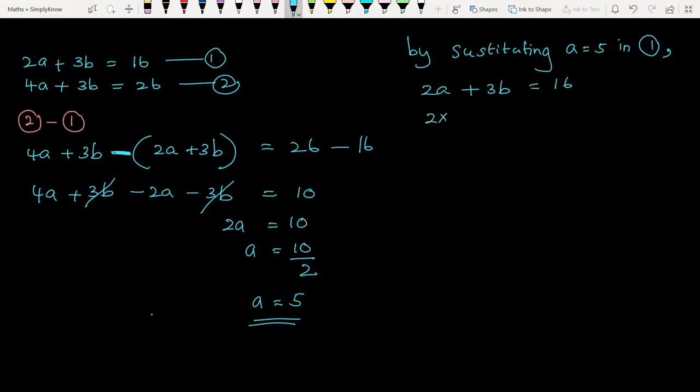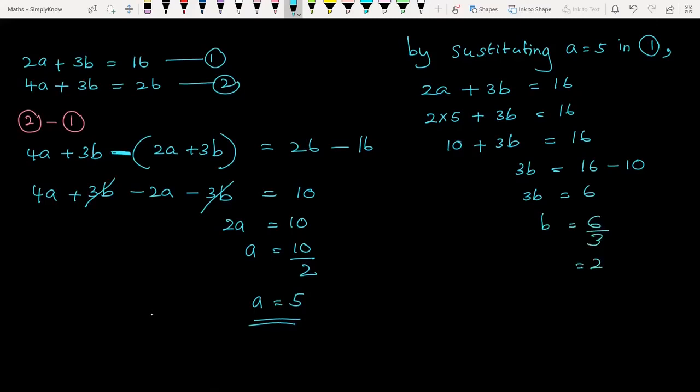A is 5 now, therefore 2 times 5 plus 3b equals 16. 2 times 5 is 10, 10 plus 3b equals 16. 3b equals 16 minus 10, and 16 minus 10 is 6. Therefore, b is 6 divided by 3, which is 2. B is 2.